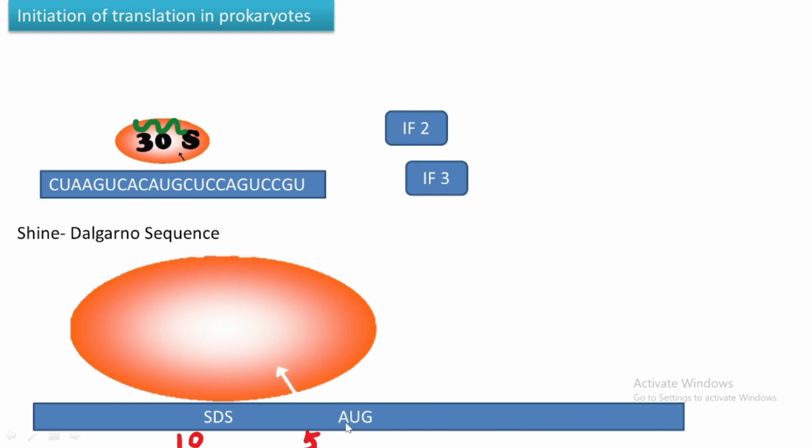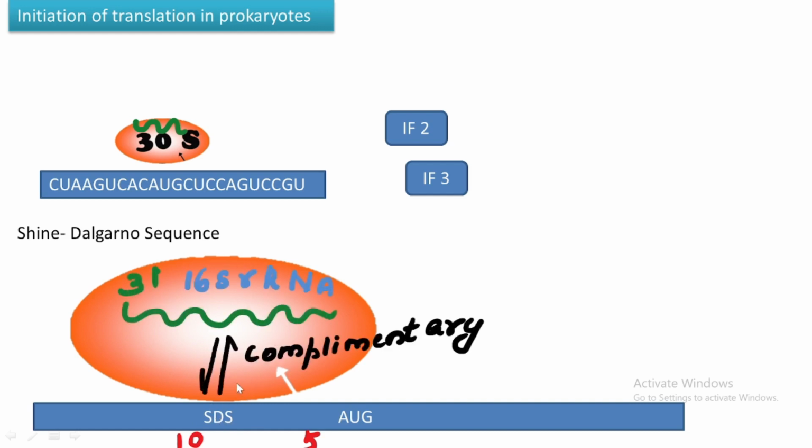From this starting codon, upstream between the 5th nucleotide and the 10th nucleotide, there is a sequence that is called the Shine-Dalgarno sequence. What is the significance of that sequence? It is complementary to the nucleotide sequence that is present in the 3' end of the 16S rRNA, ribosomal RNA that is present in the small subunit.